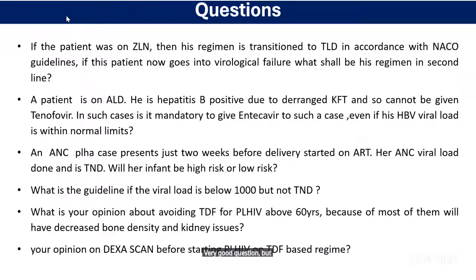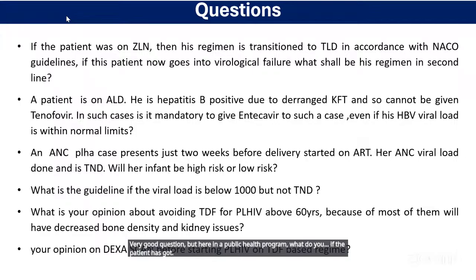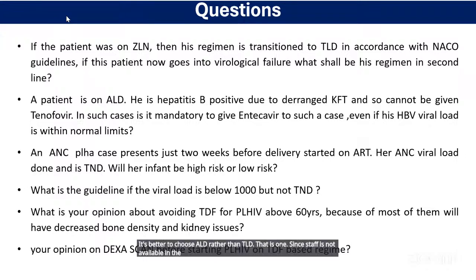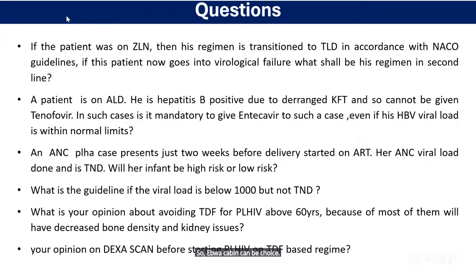But here in a public health program, if the patient has definite CKD or borderline CKD or already has osteoporosis, it is better to choose entecavir rather than TDF, since TAF is not available in the program. So entecavir can be chosen over TDF in such a scenario, since TAF is not there.